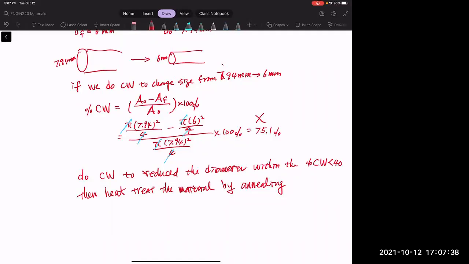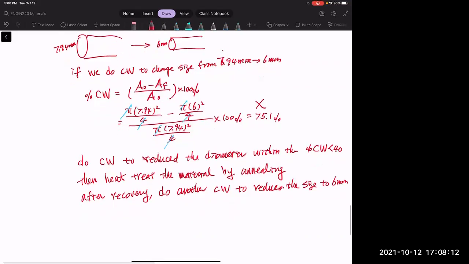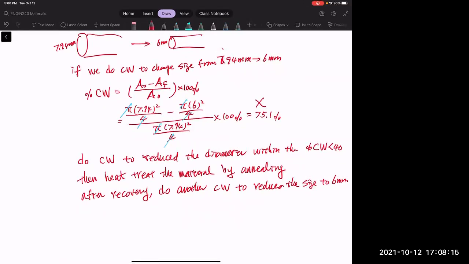So you let the material heal after the cold work, then you can do another cold work. So you reduce that again to be the 6 millimeter. Okay. So you can pick any numbers as long as the cold work is less than 40.